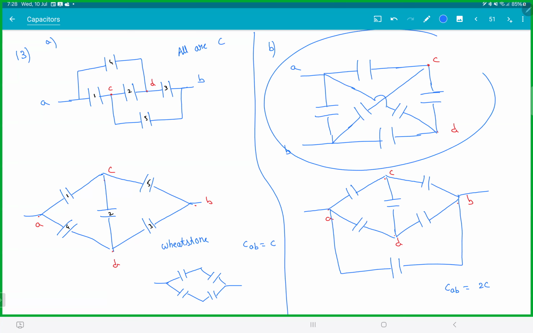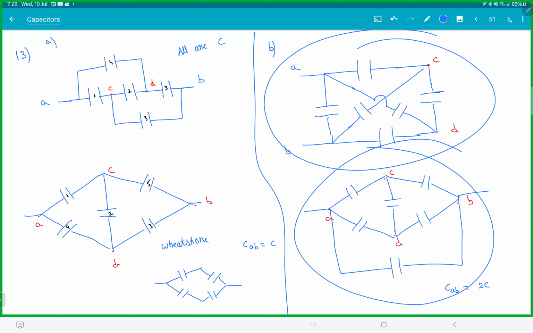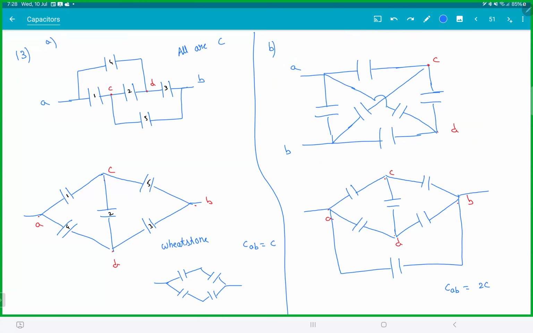If you redraw this circuit, it looks like this. You can always redraw a circuit however you want. So it's a Wheatstone in parallel with this. Wheatstone is pretty standard, there's not much. Next one.